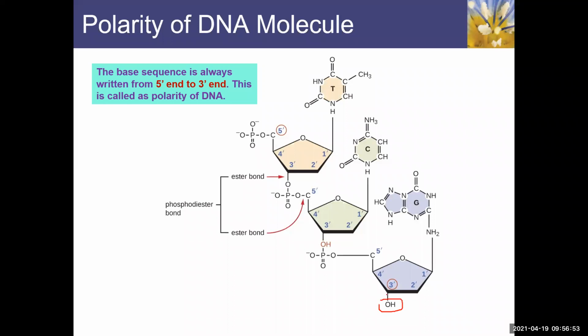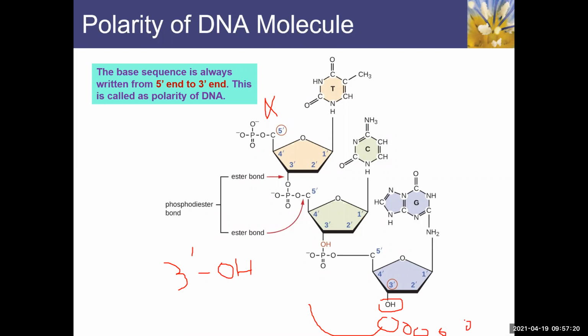When we were discussing replication, didn't we say that new nucleotides are added at the 3-OH end? Your nucleotides will be added over here. Can they be added over here? No way. You add them at the 3-OH end.